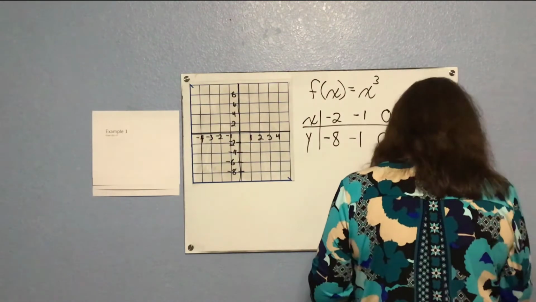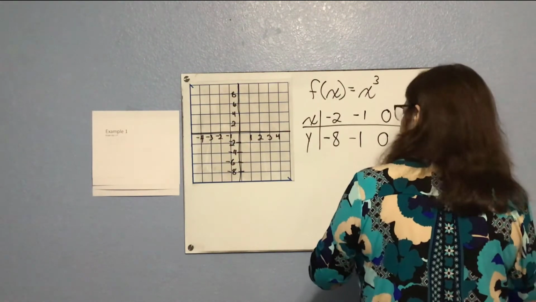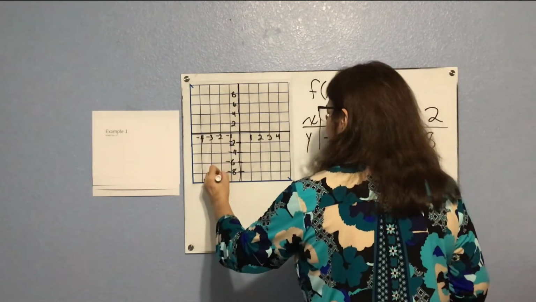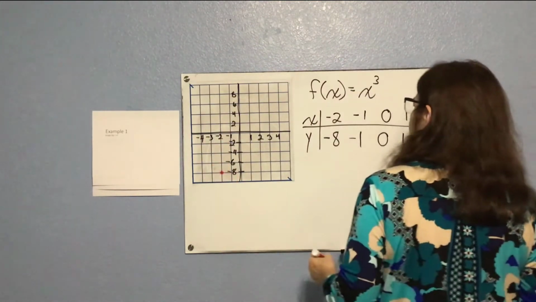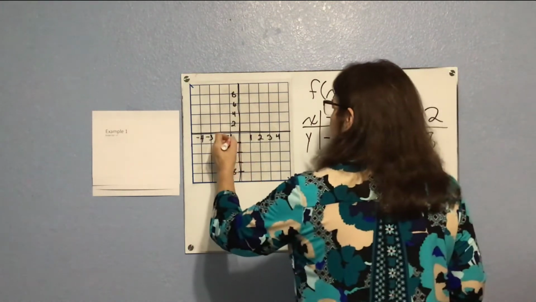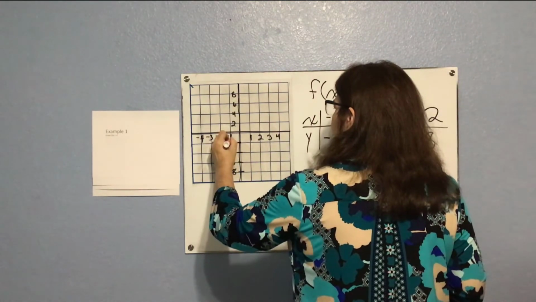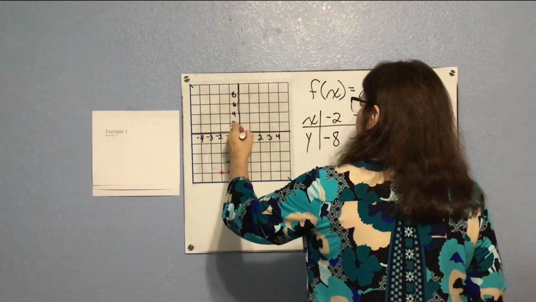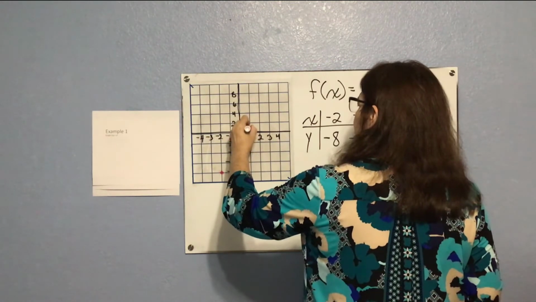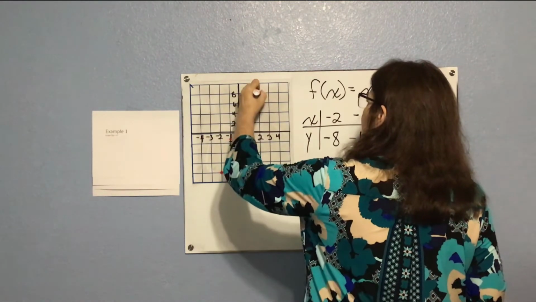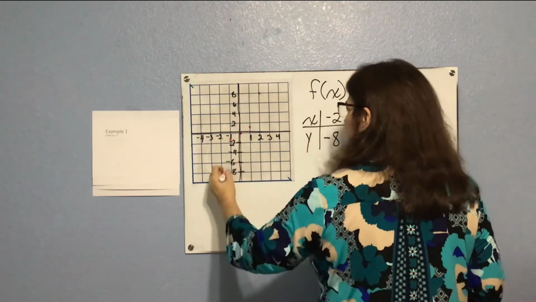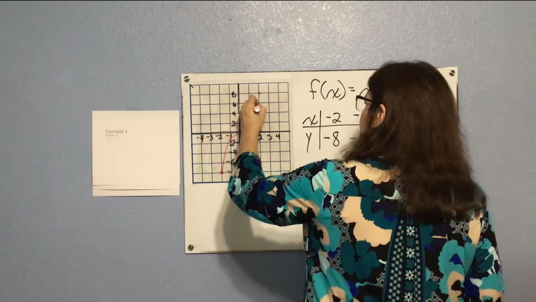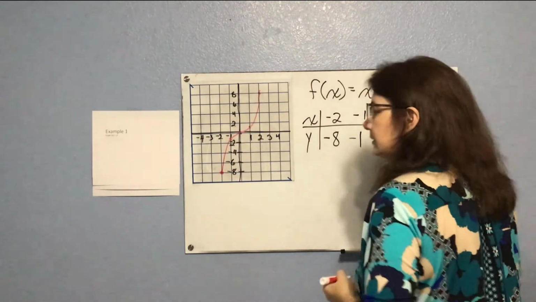Plotting my points, at negative 2, I'm at negative 8. Negative 1, I have negative 1. There's my origin. Positive 1, and positive 2, positive 8. I'm going to connect these with a smooth curve, and that function looks something like that.